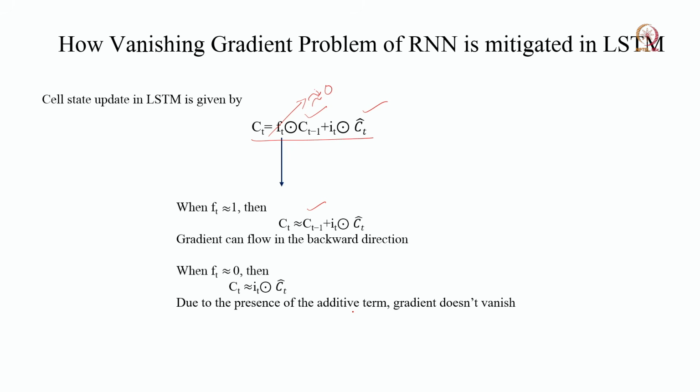Due to the presence of this additive term, Ct never goes to 0 completely, or it does not vanish fully, and that is the reason the gradient does not vanish. So this is the way the vanishing gradient problem of RNN is solved in LSTMs.